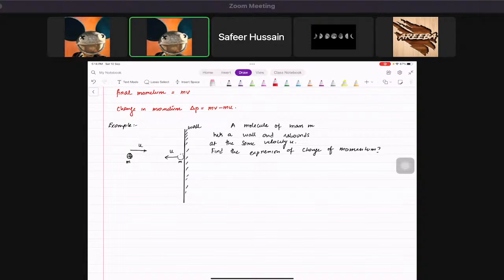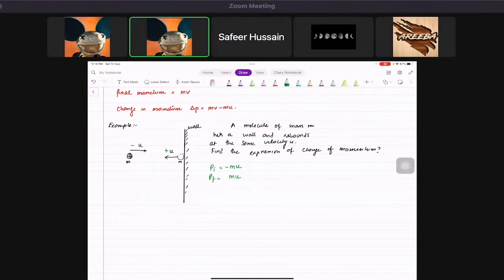Well, she's correct. Now, let me tell you something. The initial momentum is, if you take this side as negative and this side as positive, it will be negative mu, because this is a vector quantity. And then final momentum is mu.